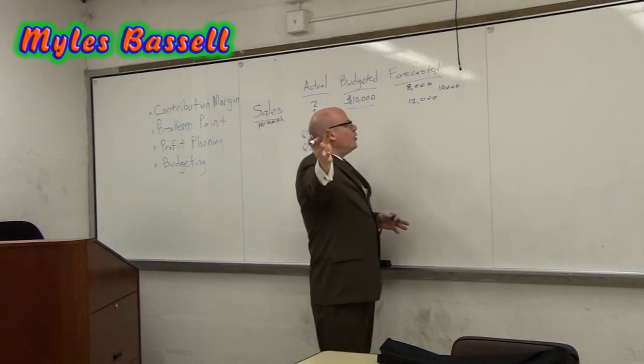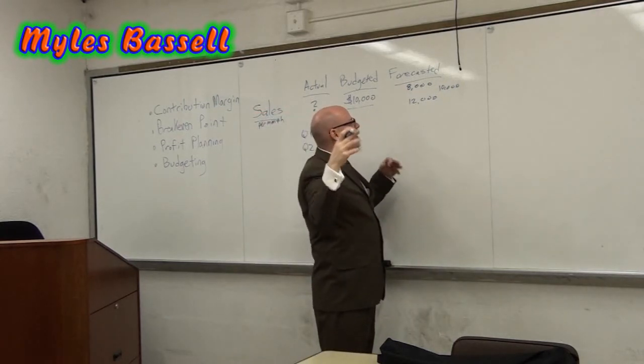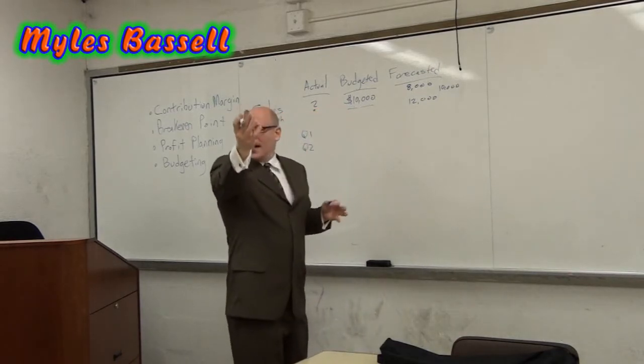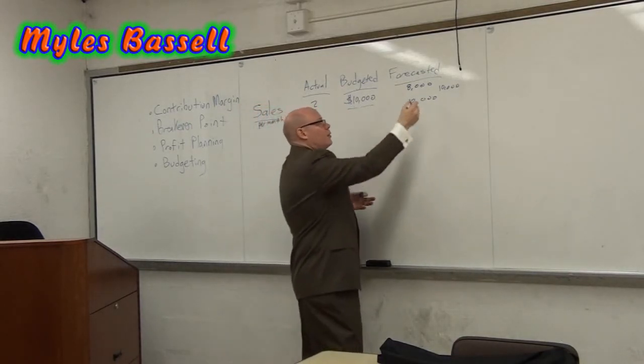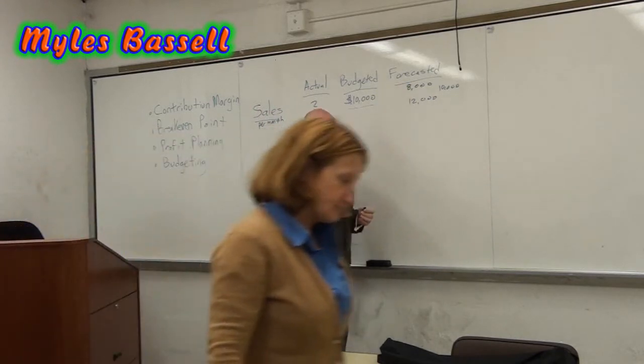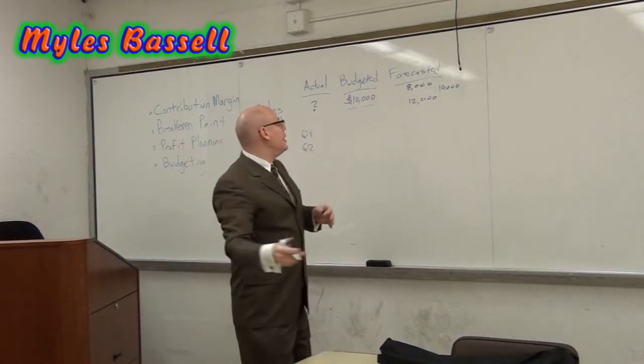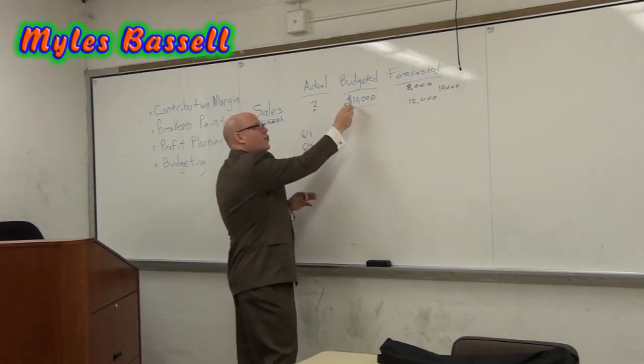But based on what Greg is telling us, based on what we expect, based on our marketplace analysis, based on what Abigail is telling us, now we have to say, well, how likely is that? What is the probability that we're going to achieve the budget?